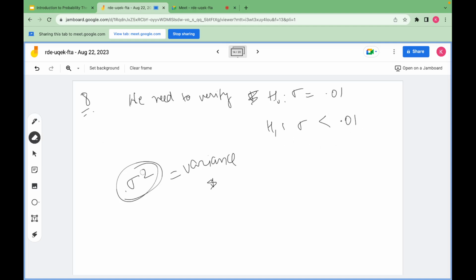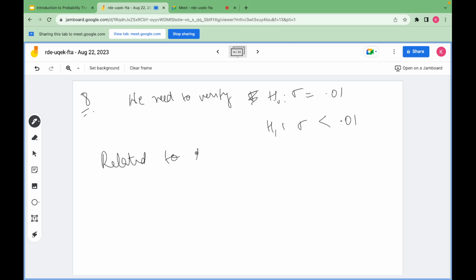And we know that for testing the variance of the population we use the chi-square distribution. So this is related to testing variance.